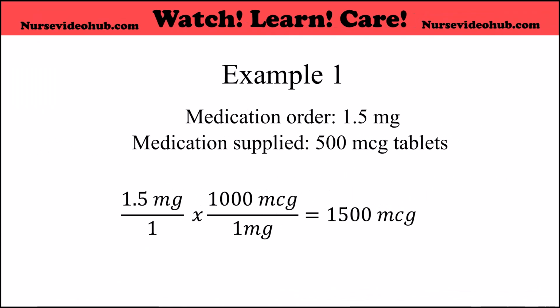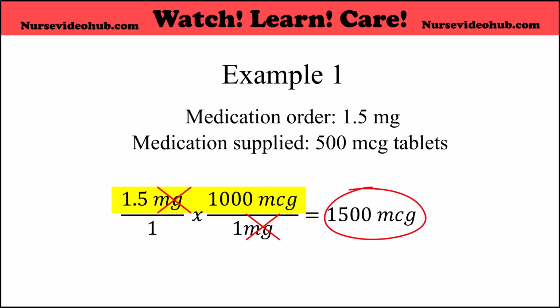The third step is to multiply the original measurement as a fraction over 1 by the conversion factor. 1.5 milligrams over 1, you multiply it across by 1,000 micrograms over 1. The milligrams cancel out, leaving micrograms. 1.5 times 1,000 equals 1,500 micrograms.